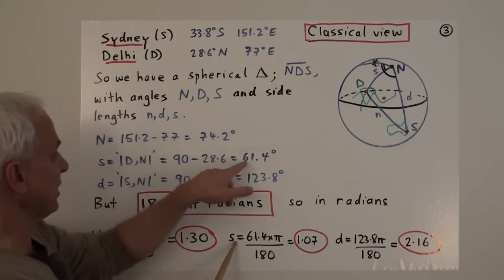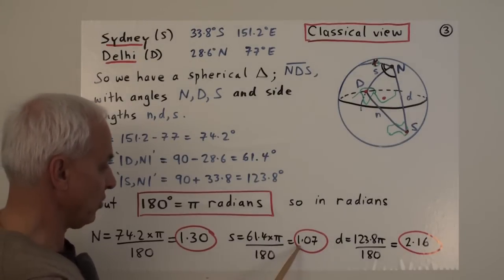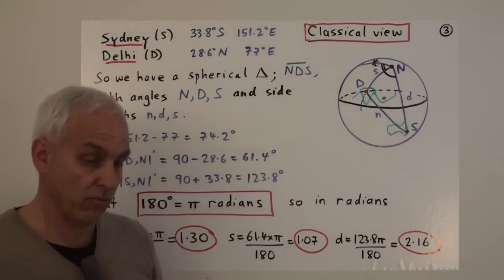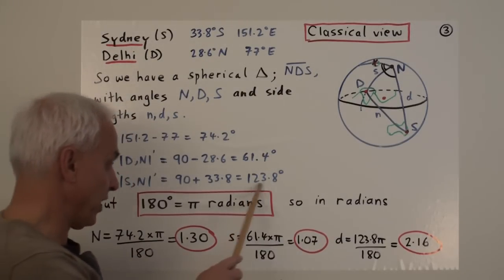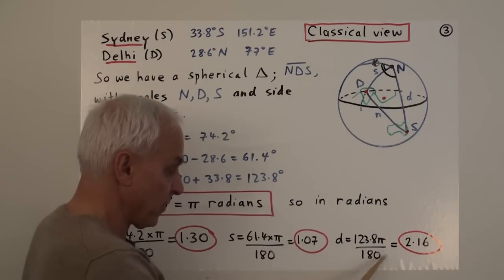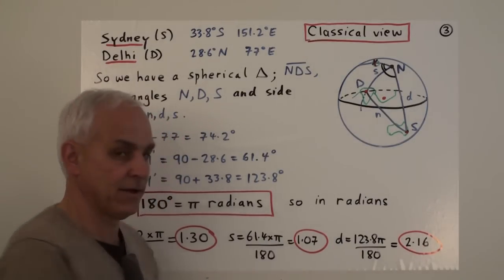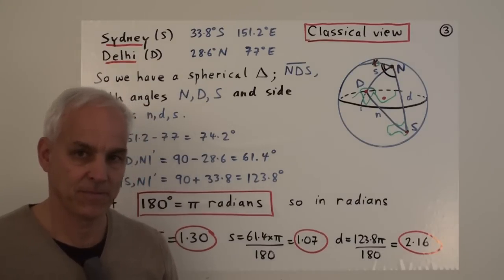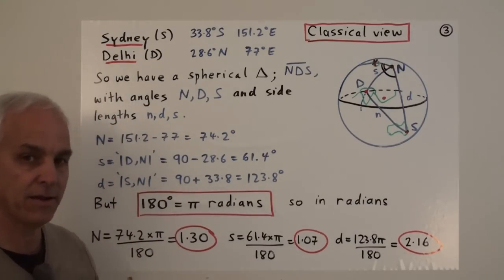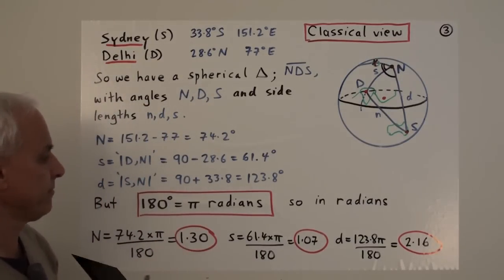S, which was 61.4 degrees, converts to 1.07 radians, and 123.8 degrees converts to 2.16 radians. So everything is an angle measured in radians.